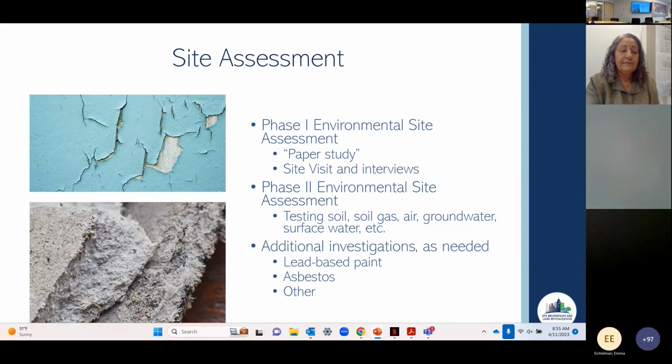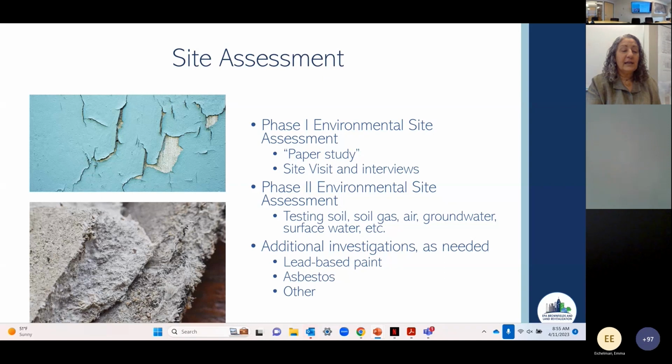It does involve a site visit and interviews, but it involves a lot of research into historical documents, title, uses, Sanborn maps, aerial photos, a lot of investigations, and the classic database survey, which often takes up 100 to 200 pages of what's otherwise a relatively small report.